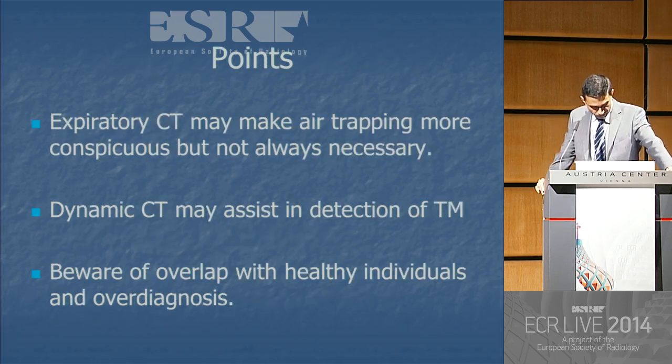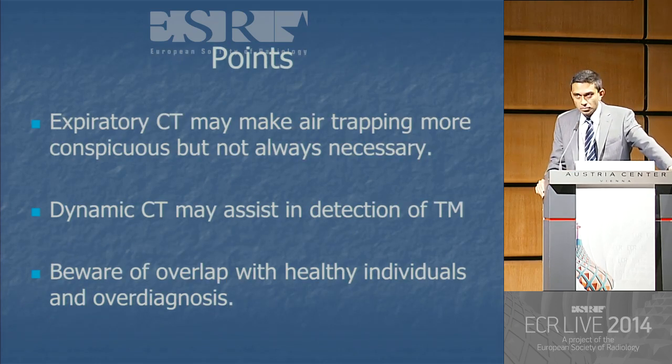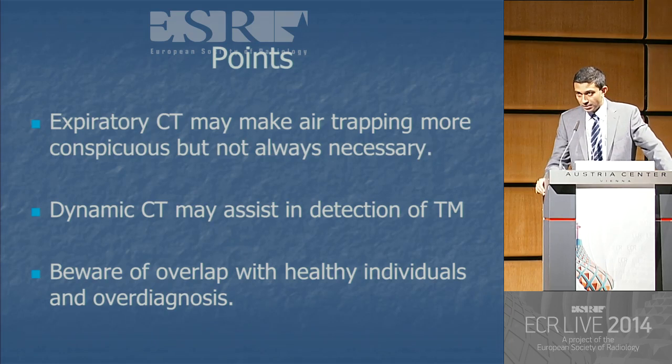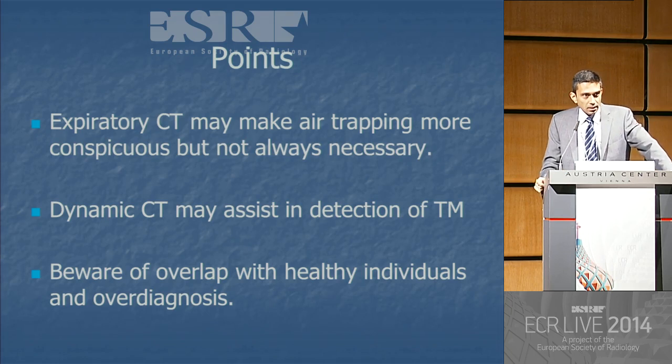So there are just a few points that I've put down here to take home. There could be many others. I think I've shown that expiratory CT can certainly be helpful for the detection of air trapping, but it isn't always necessary, and it's important to look for clues even on the inspiratory CT as far as making a diagnosis is concerned.